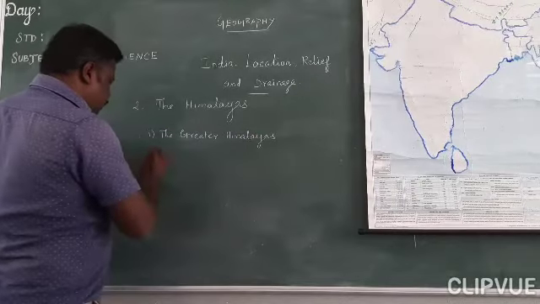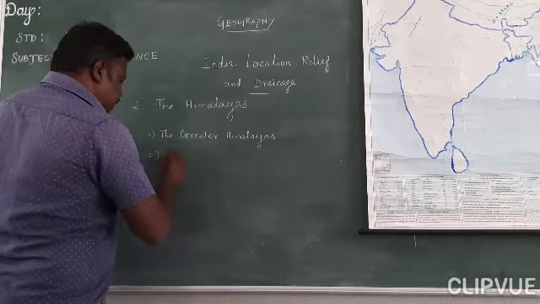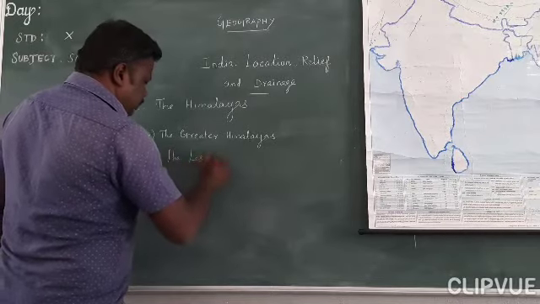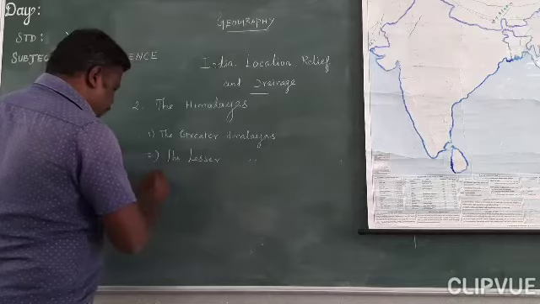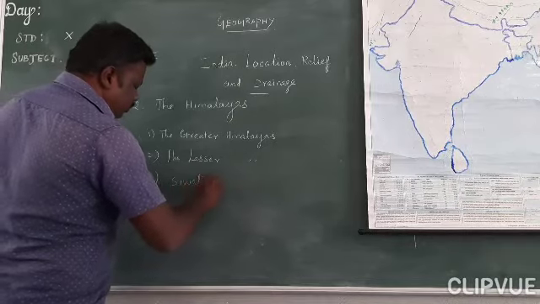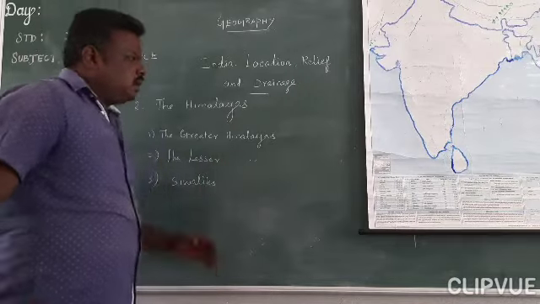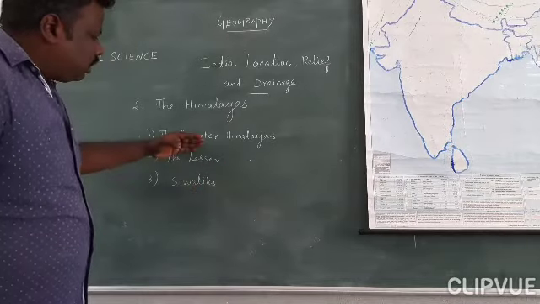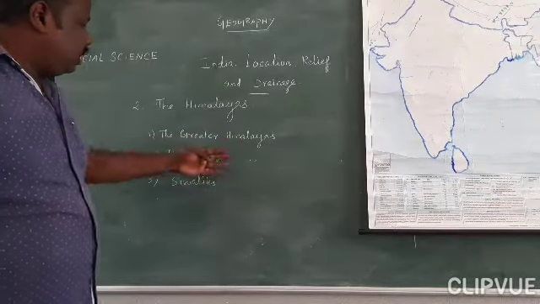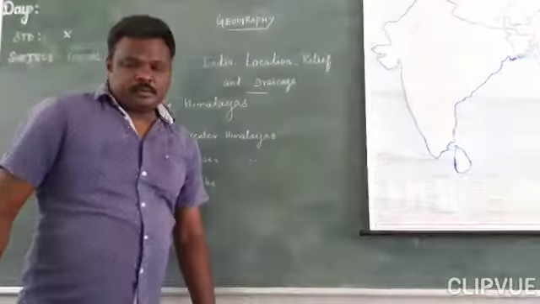Second one, the Lesser Himalayas. And third one, the Shivaliks. So these are the 3 types of Himalayas, and further we are going to see them elaborately one by one. Okay, students.